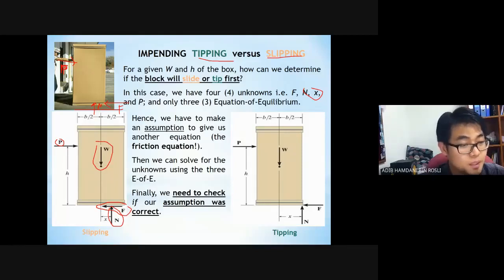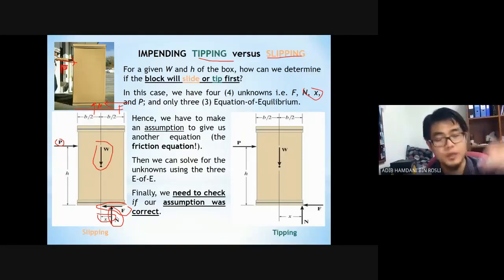So how many unknowns now? P and F. Now you have one more unknown, which is X. Why? Because this X shows you the location of N. What is N again? N is the normal force.